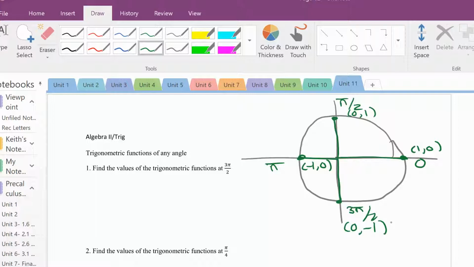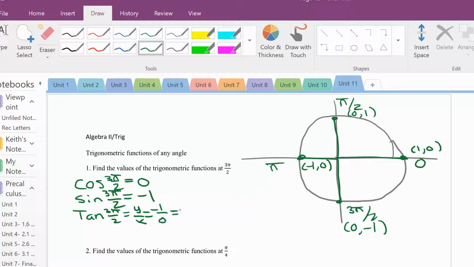So if I say find the trig values at 3 pi over 2, I'm going to use the point 0, -1. And remember, in the unit circle, the cosine is x, so it's 0. The sine, remember, is y, so that would be -1. The tangent, remember, is y over x, which is -1 over 0, which is undefined.